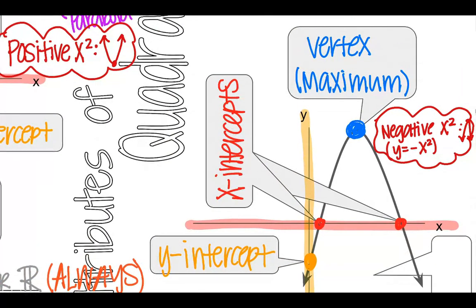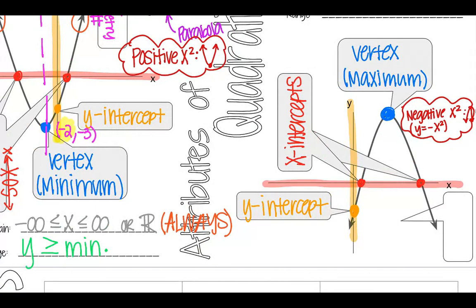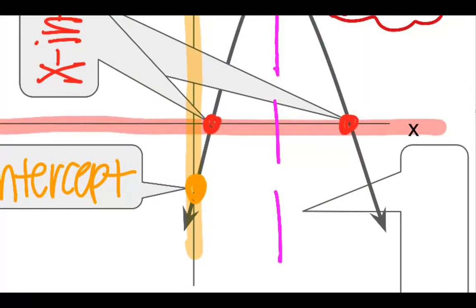We already labeled a vertex. This time it's the maximum because it's facing upward. And if I were to draw the line of symmetry, it would go right down my vertex. Okay, so that is my axis of symmetry.